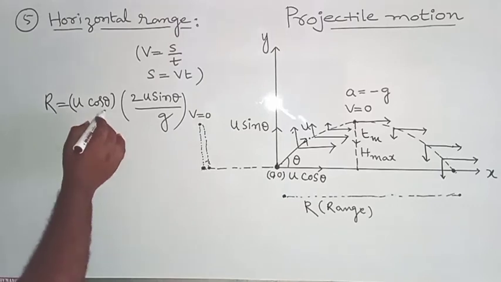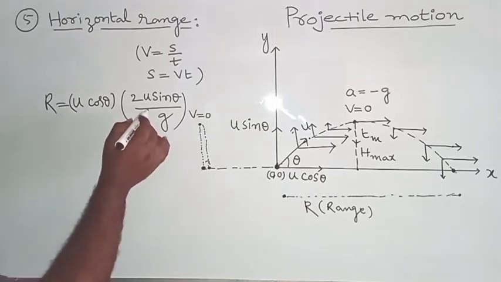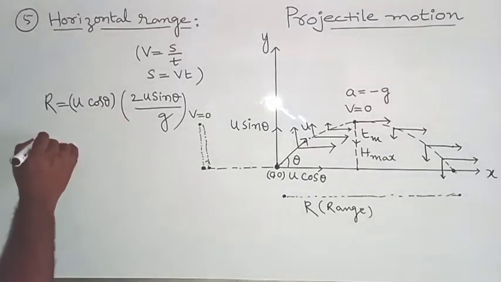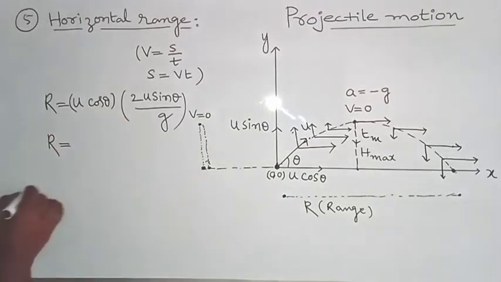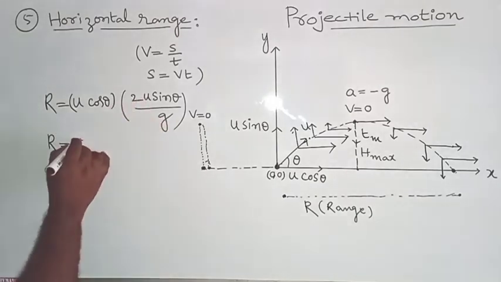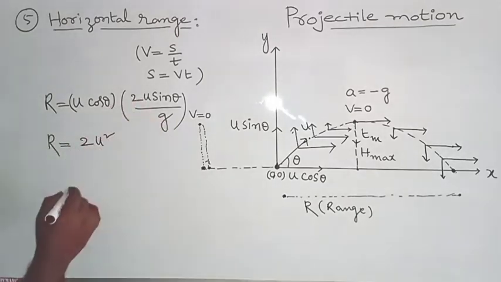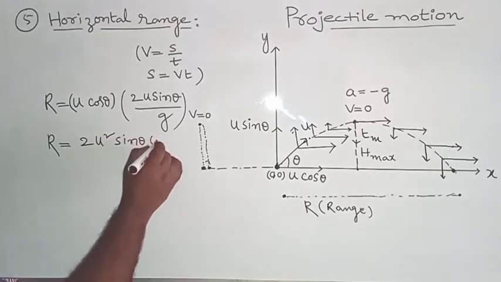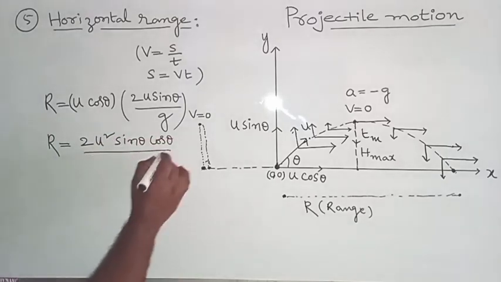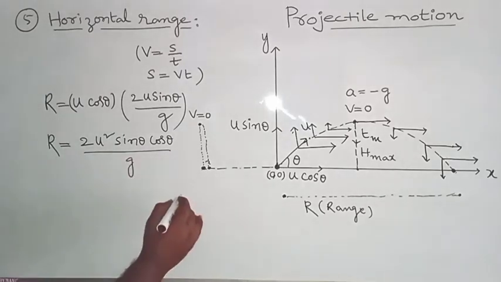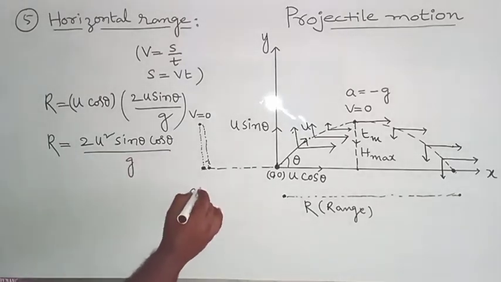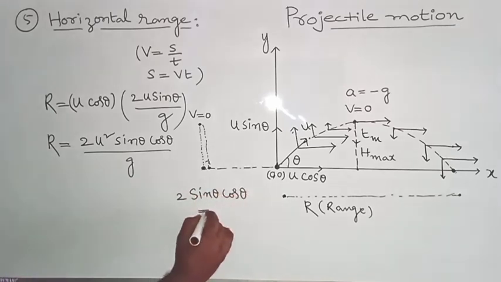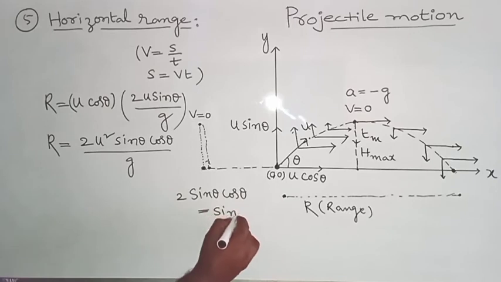Horizontal velocity is u cos theta and time of flight is 2u sin theta upon g. Now simplify this. Horizontal range R equals 2u square sin theta cos theta upon g. But we know the formula 2 sin theta cos theta equals sin 2 theta.